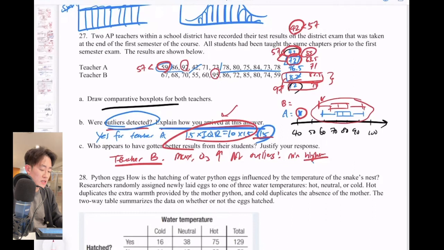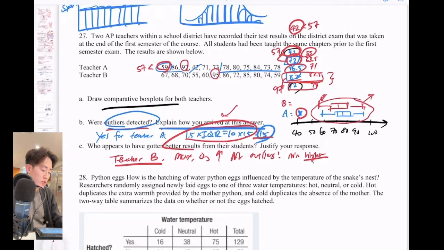So in terms of who has gotten better results overall, a higher maximum and a higher minimum and a higher overall quartile 3, even though the median for teacher A, you could kind of support teacher A using that, but all the evidence just kind of flows for teacher B.